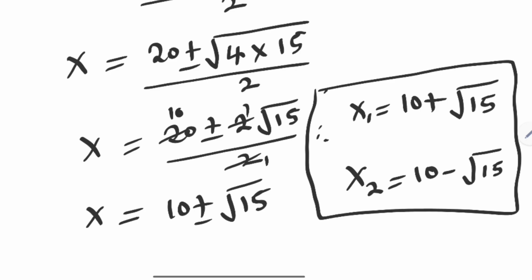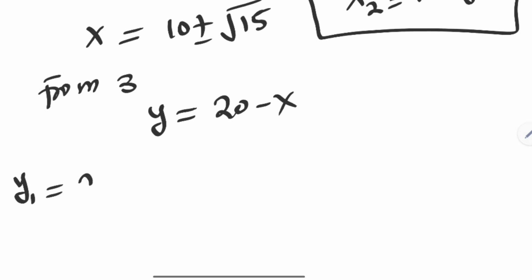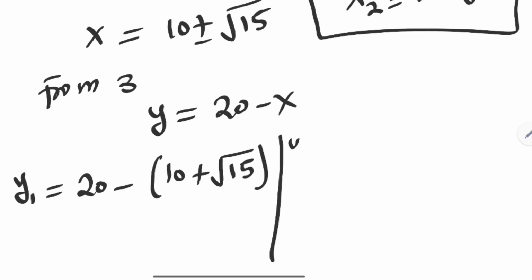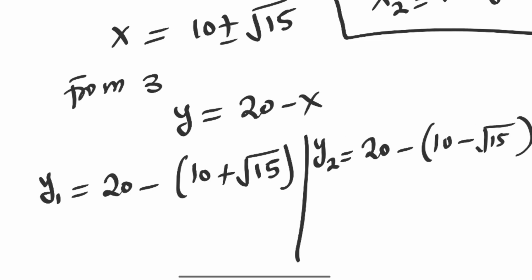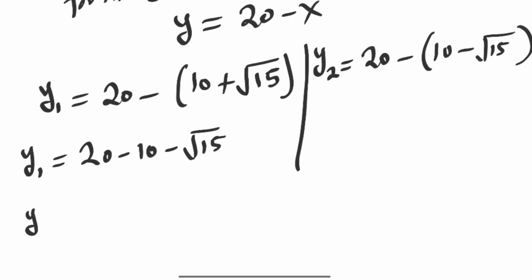Let us solve for y. To solve for y, from equation 3, y is equal to 20 minus x. y1 is equal to 20 minus x1, which is 10 plus root 15, and y2 is equal to 20 minus x2, which is 10 minus root 15. y1 is equal to 20 minus 10 minus root 15. y1 is equal to 20 minus 10.